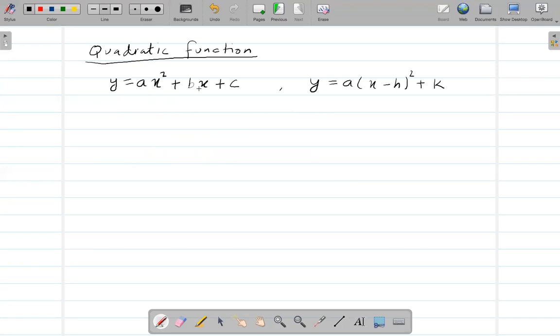Now, here we have a on both sides, right? So this a says something. If a is a positive number, we can say a is greater than 0.